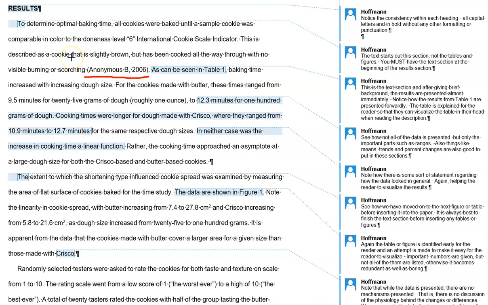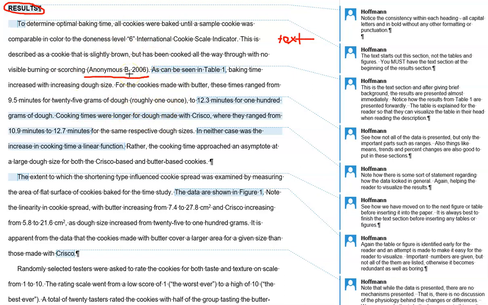We skip right to results then. Again, just because somebody's going to mess it up: all capitalized, left justified, bold for the section title. Notice it starts with a text section. So we have words. The first part is words, text, and this is going to explain in general what we did.